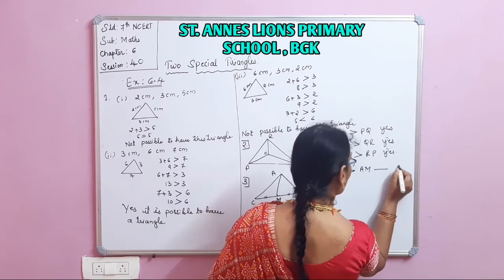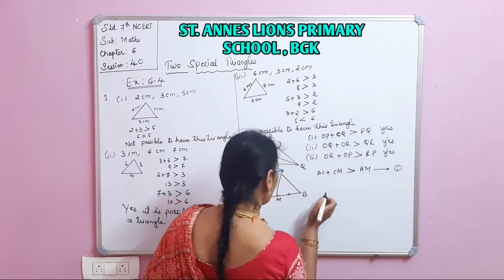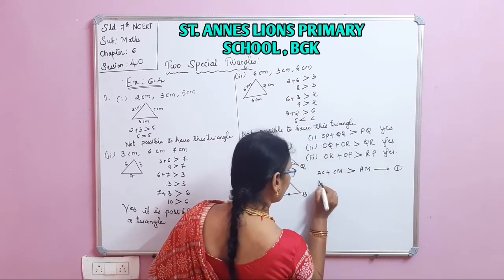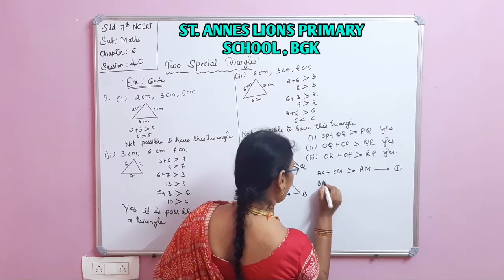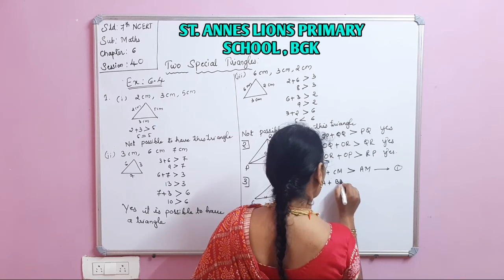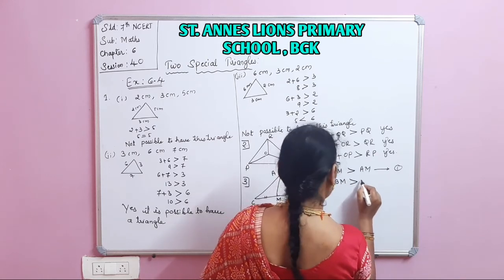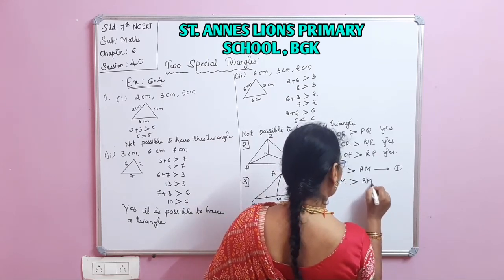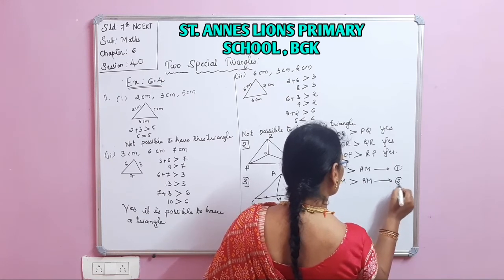Call this number 1. Then here AB plus BM, or BA plus BM, is greater than AM. Call this number 2.